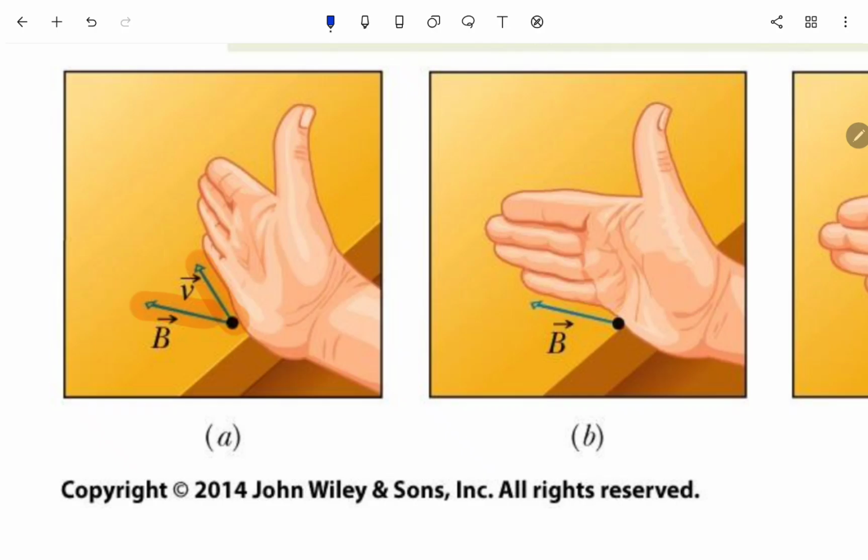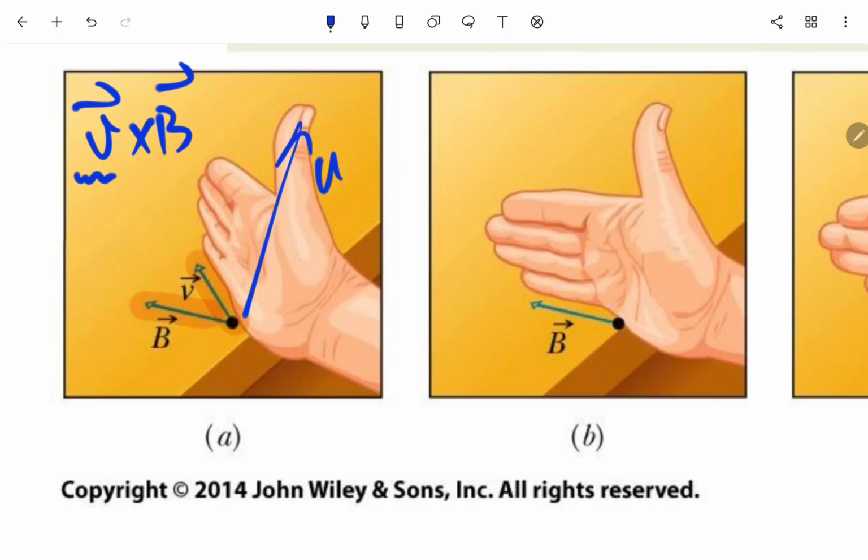You use your forefinger pointing to the direction of the first vector. In this case it is v cross B. Follow the direction of v with your forefinger, and then swing it to the second vector's direction. Your thumb will point to the cross product direction, which is the direction of v cross B.